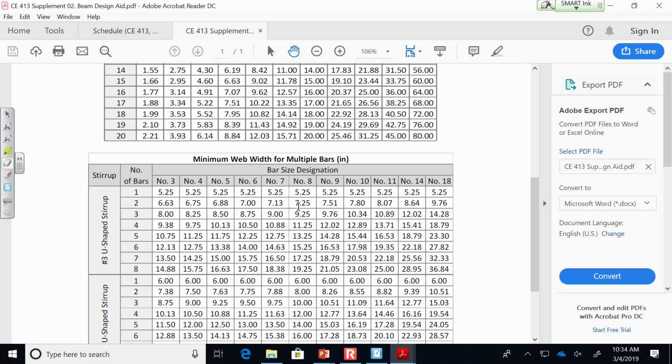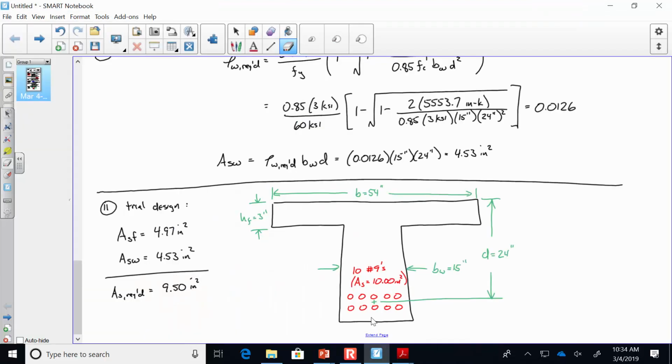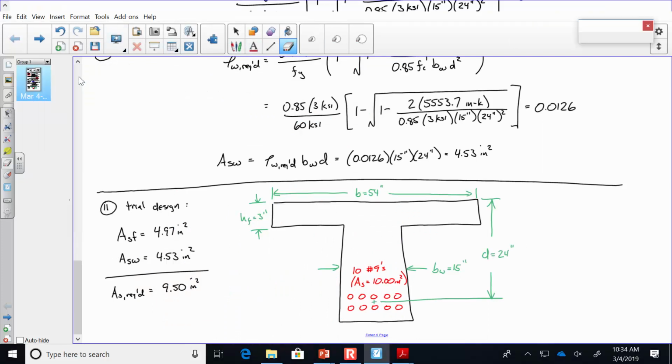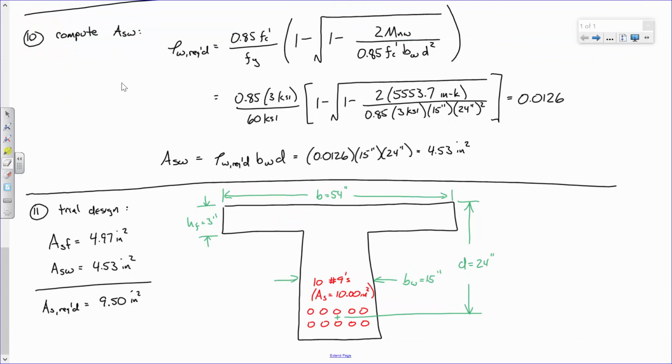That works because we only have to consider 5 and the web width is 15 inches. So I'll put right here note for 5 number 9s, BW min is 14.28 inches.